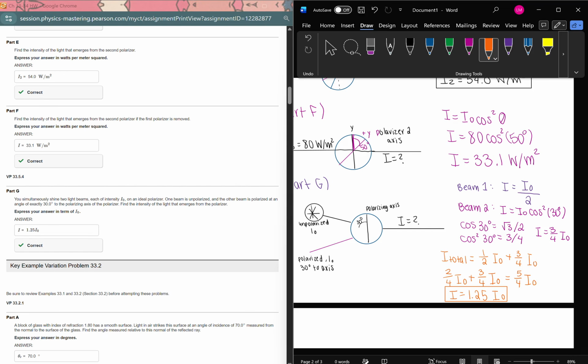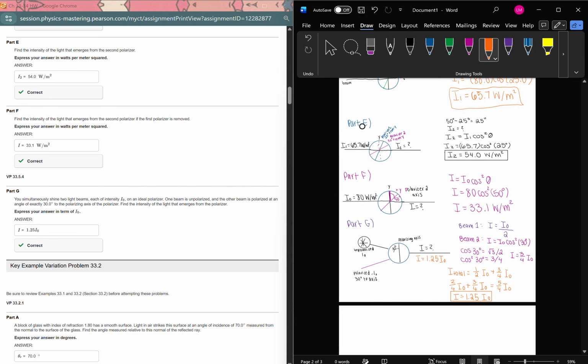So I equals 1.25 times the original intensity. That would be the answer for part G. Thank you.